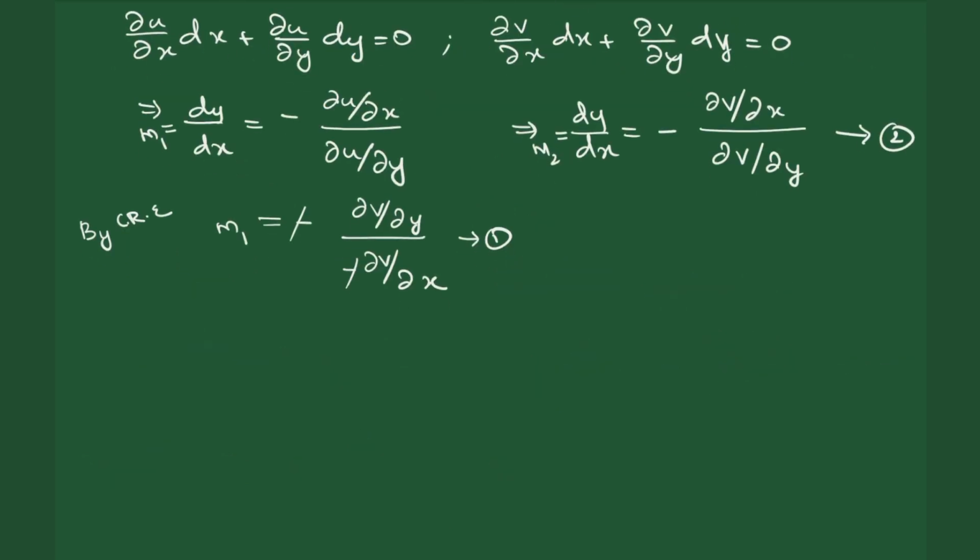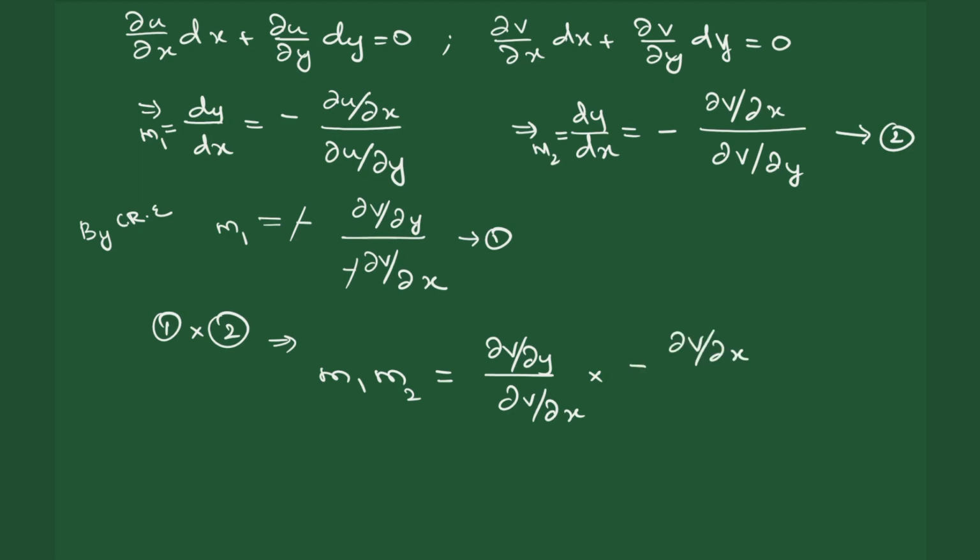Now from equations 1 and 2, if you multiply 1 and 2, the left side will be m1 into m2, which is equal to dou v by dou y by dou v by dou x into minus dou v by dou x by dou v by dou y.